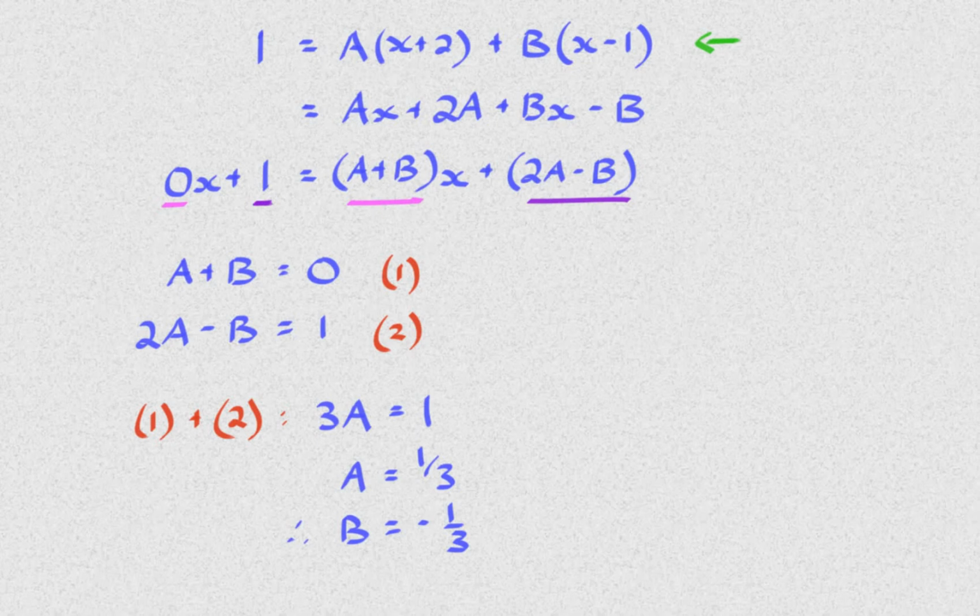It means we can actually pick a value of x that might suit us. So if you look back up here, we notice that if we choose x to be 1 or x to be -2, then these disappear.